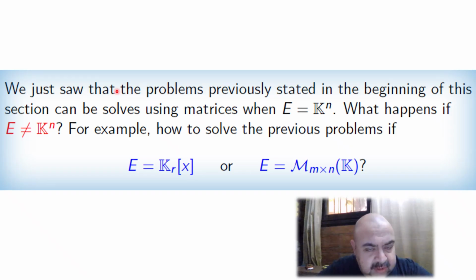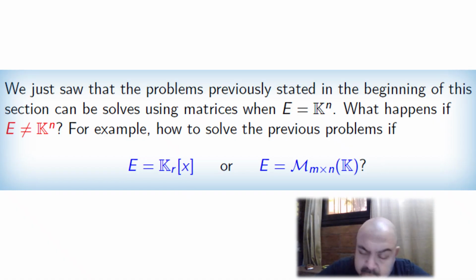We just saw that the problems previously stated at the beginning of this section, the 5 applications, are all dedicated to the dimension with Kn. It means that we dealt with R2, R3, R4, or whatever. The question is, what's going to happen if we are dealing with polynomials or matrices, for example?